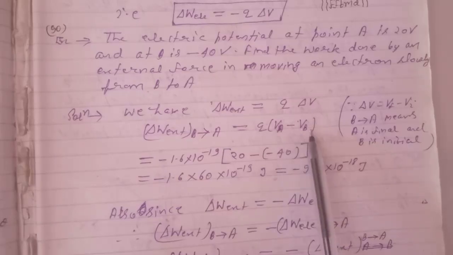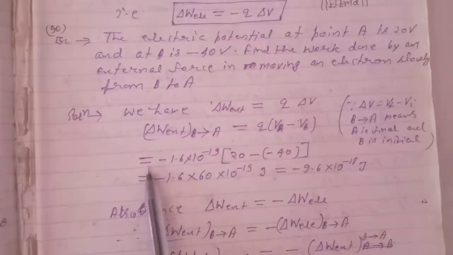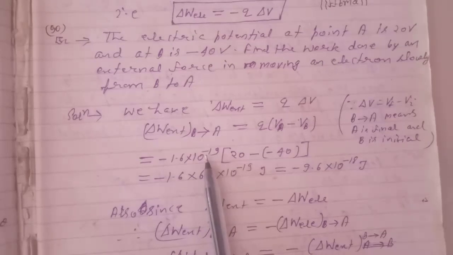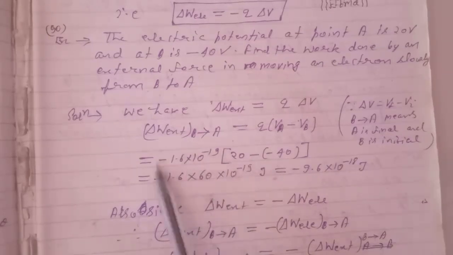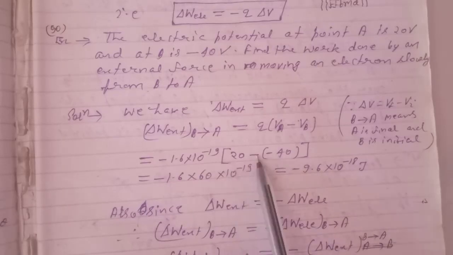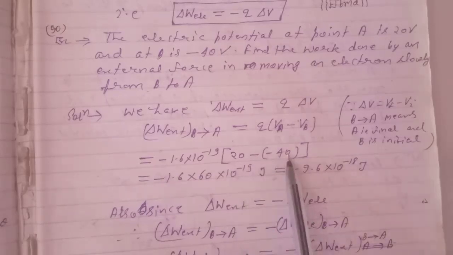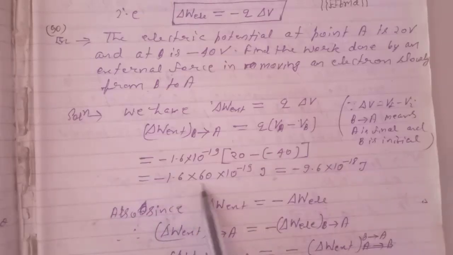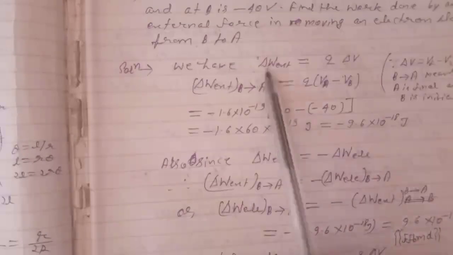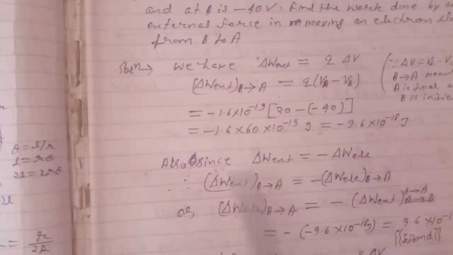Now we have the charge value, minus 1.6 into 10 to the power minus 19 coulomb, as the electron has this charge, and final is 20 volt, and minus of initial is minus of minus 14 volt. So we have minus 1.6 into 34 into 10 to the power minus 19 joule, or equals minus 9.6 into 10 to the power minus 18 joule. So this is the work done by external agents.